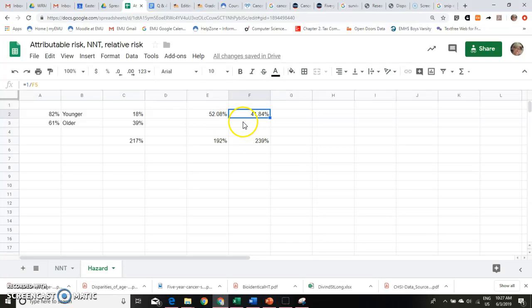So in other words, based on this article, my sister would be somewhere between 41 and 52% as likely to pass away in the next 5 years or 10 years or any time period as an older patient with kidney cancer in any given time period. So this is from the perspective of the younger person comparing themselves to an older person. These are the perspective of the older person comparing themselves to the younger person.